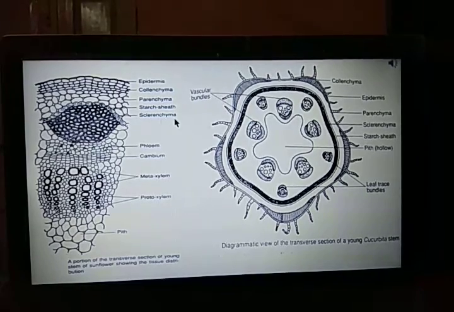In sunflower, it is present above the vascular bundles as a cap, whereas in Cucurbita, the sclerenchymatous zone is present as a band throughout. Next to it, you have the vascular bundles, which I will talk to you about in my next slide.